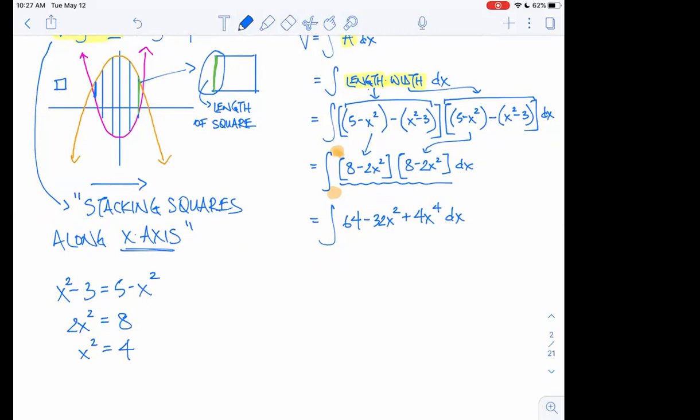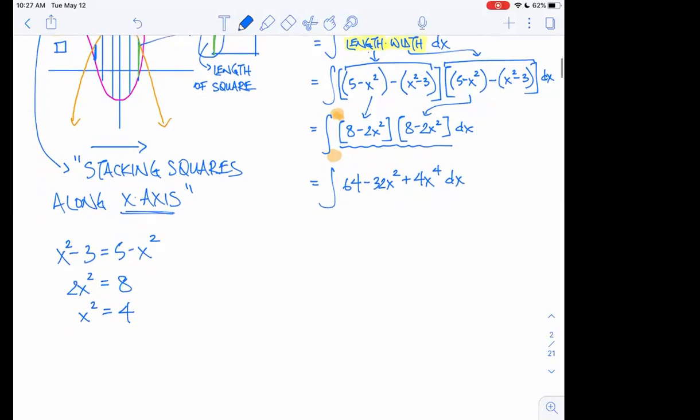How many answers should I get? 2. Perfect. X equals a positive 2 or a negative 2. Okay, so with that one equation, now we can go ahead and find our A and our B. So our A is going to be negative 2 and our B is going to be positive 2.